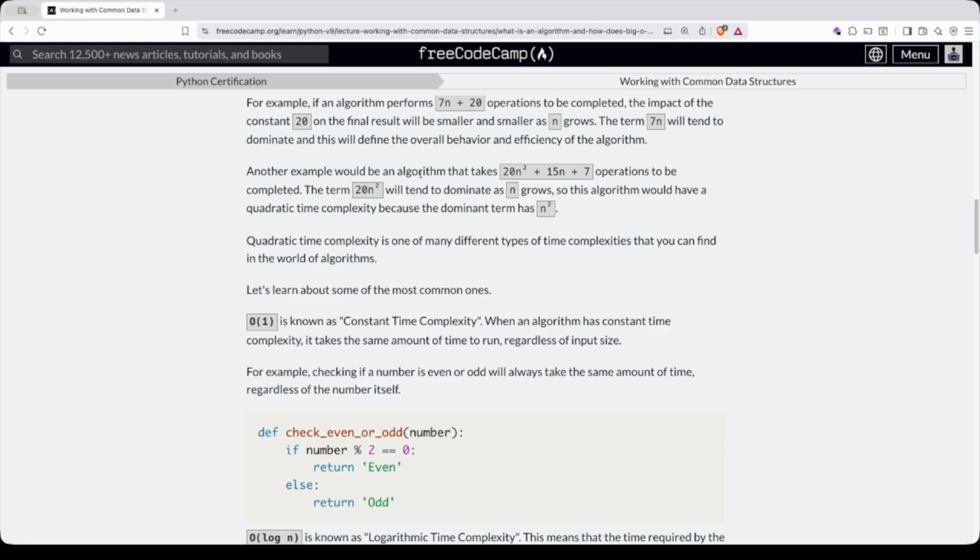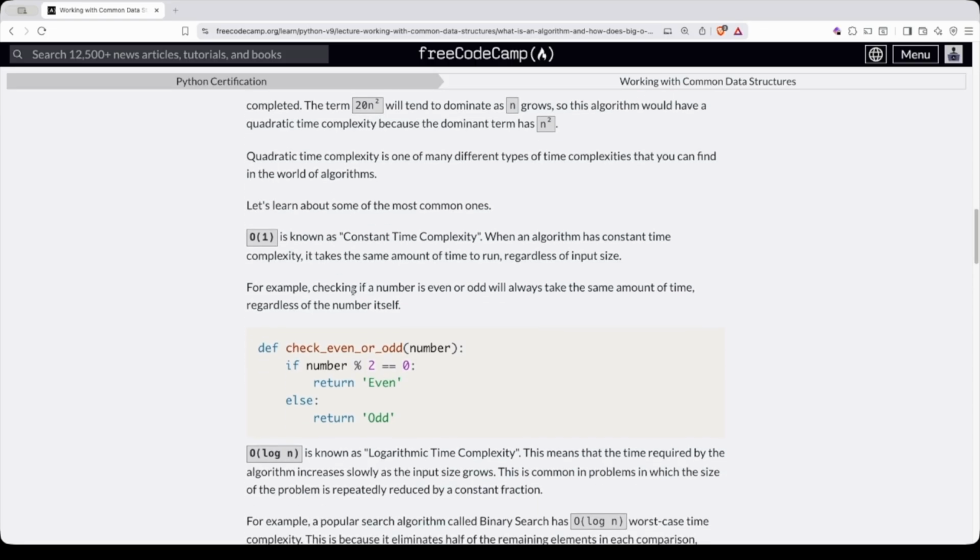Another example would be an algorithm that takes 20n squared plus 15n plus 7 operations to be completed. The term 20n squared will tend to dominate as n grows, so this algorithm would have a quadratic time complexity because the dominant term has n squared. Quadratic time complexity is one of the many different types of time complexities that you can find in the world of algorithms. Let's learn about some of the most common ones.